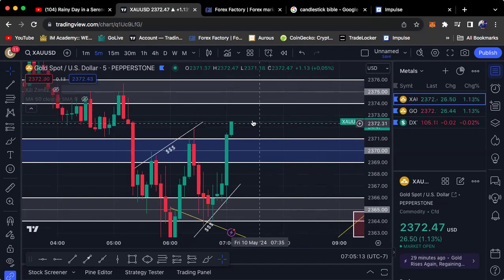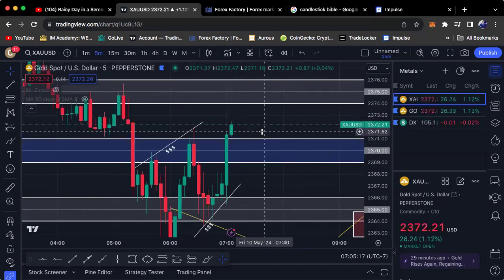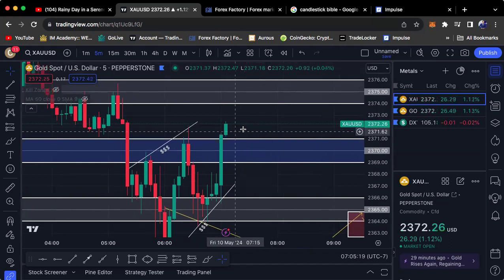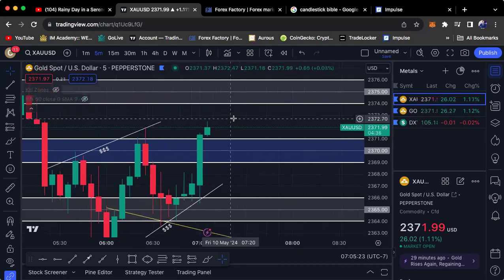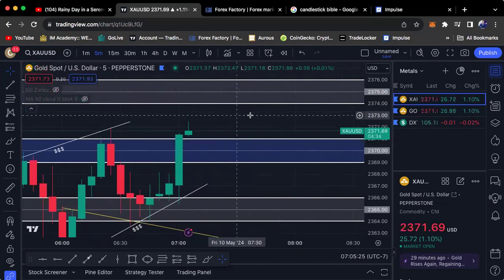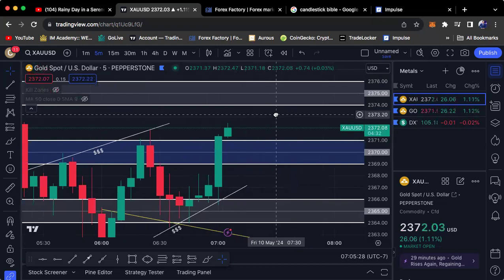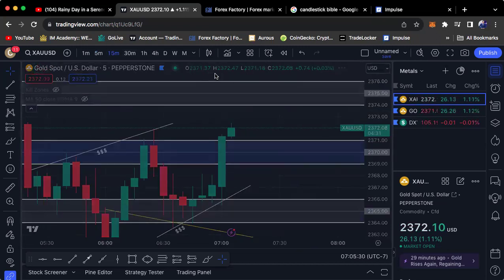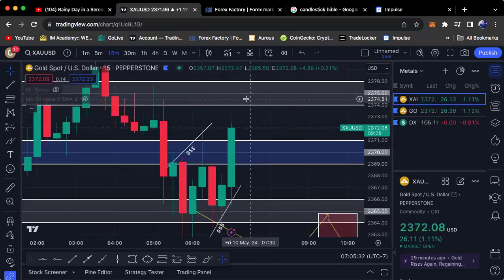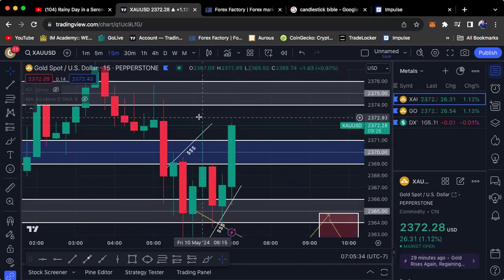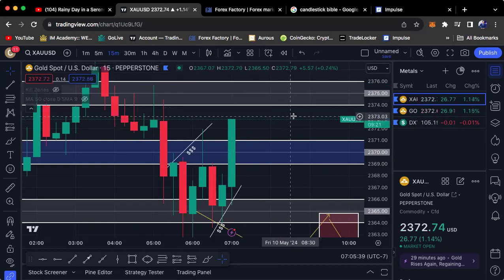There you go. It broke price, broke above. Wait for that retest. And also wait for the 15-minute candle to close before I take my trade. I'm going to wait for the 15-minute candle to finish.